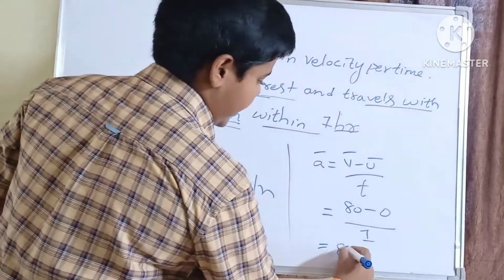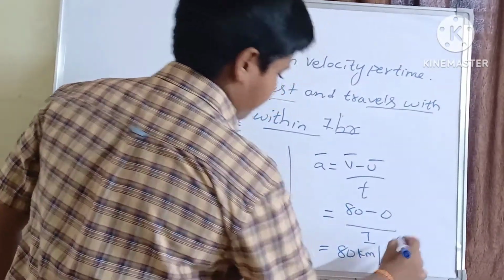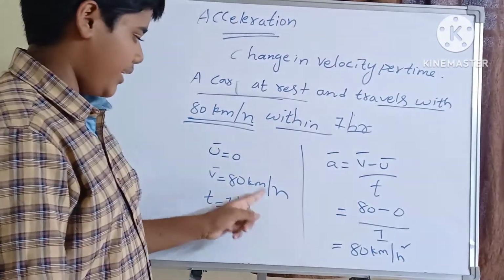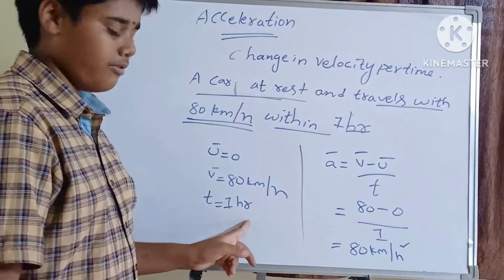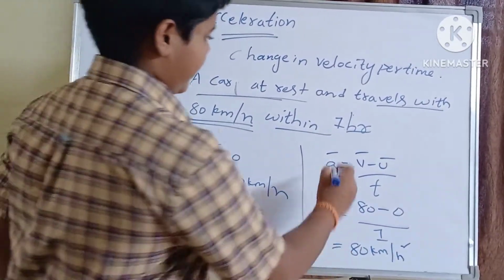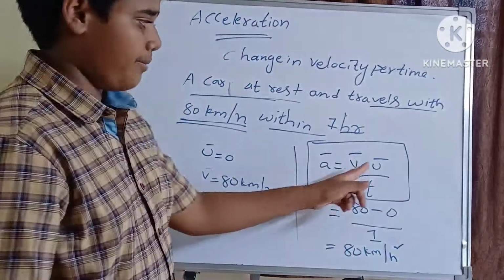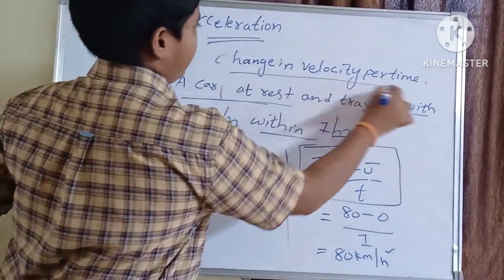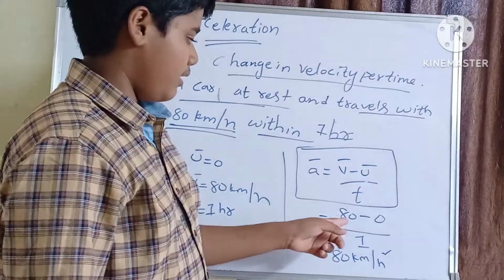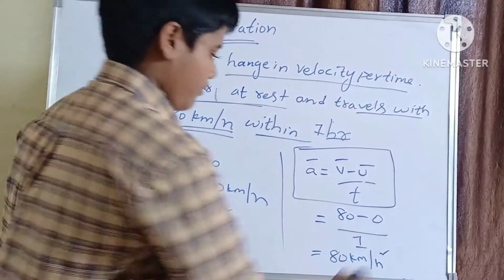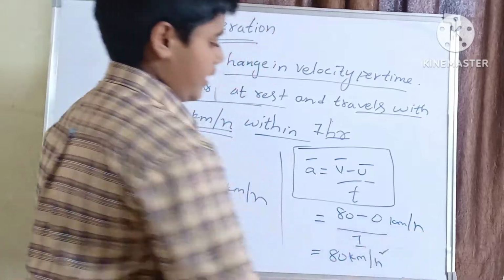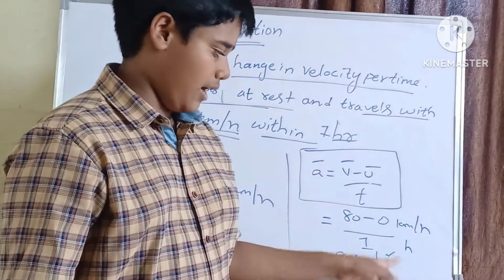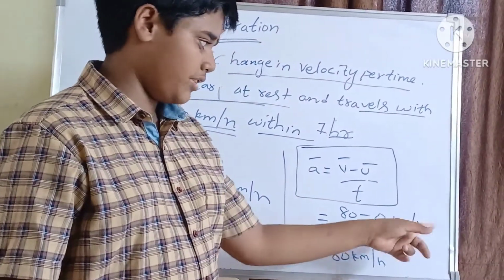In the numerator there is kilometer per hour and in the denominator there is hour, so the answer is 80 km per hour square.